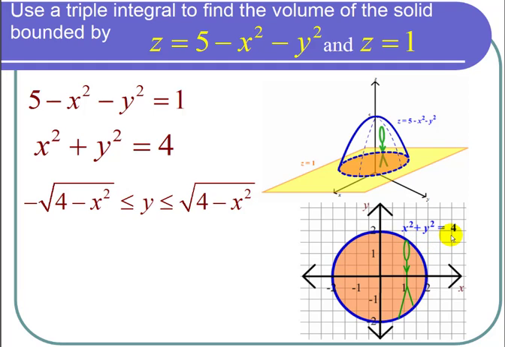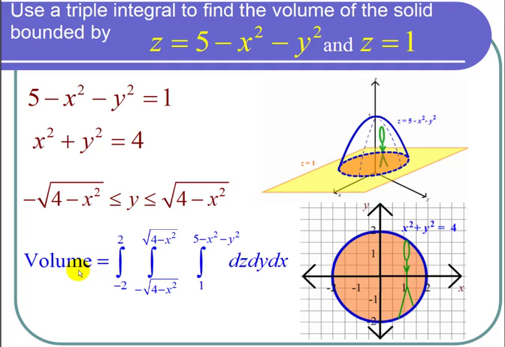For the outer limits, I look at the little man and see that the farthest left the little man can go is x equals negative 2. And the farthest right the little man can go is x equals 2. So now I'm ready to write down my integral, or at least set it up. And I get that the volume is equal to the integral.